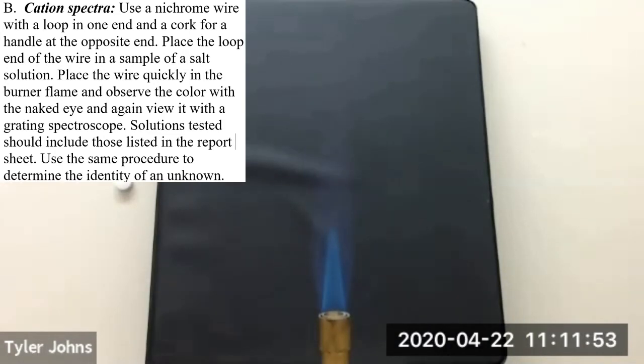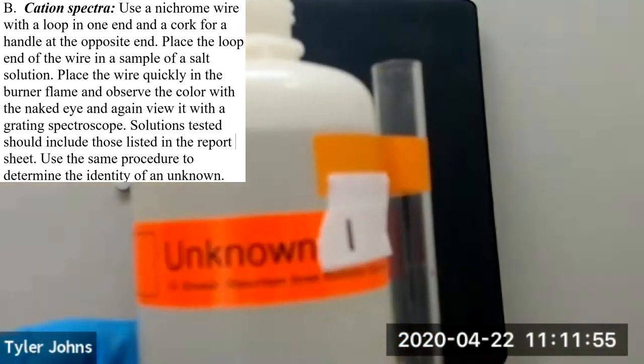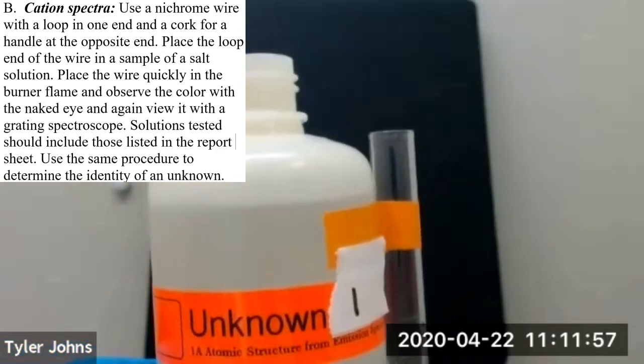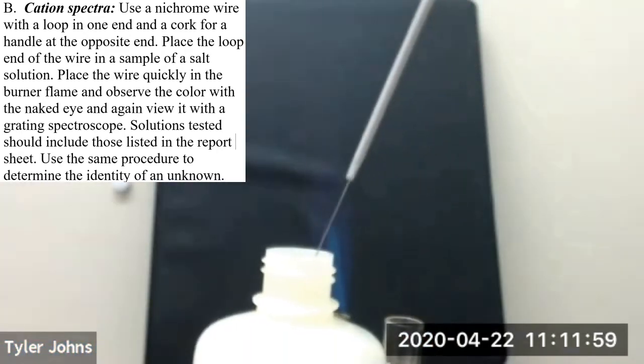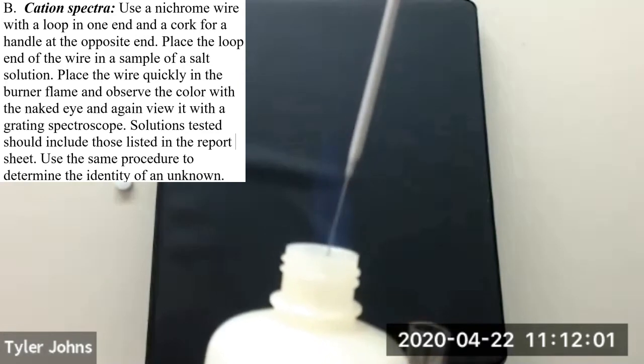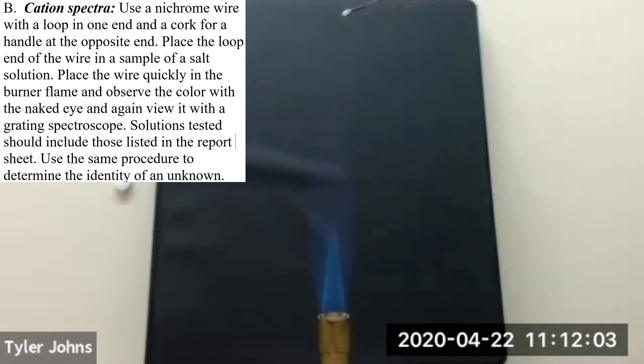So the first unknown cation spectra we'll be looking at, unknown number 1, we'll insert our nichrome wire and place the unknown number 1 in the flame.